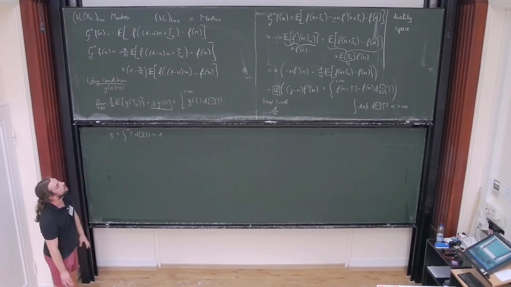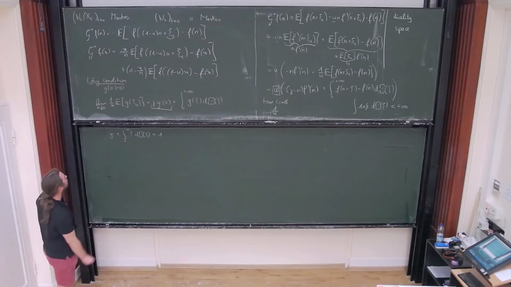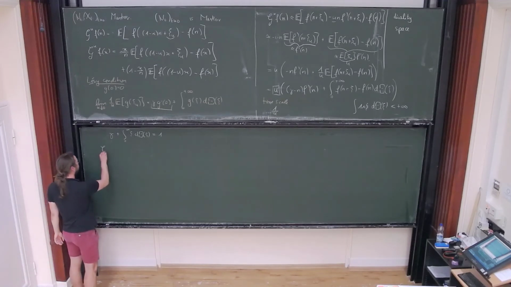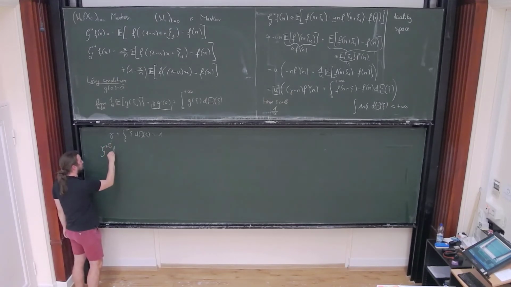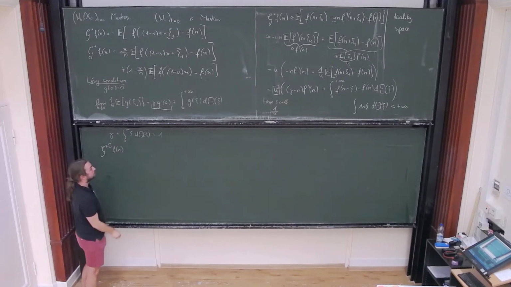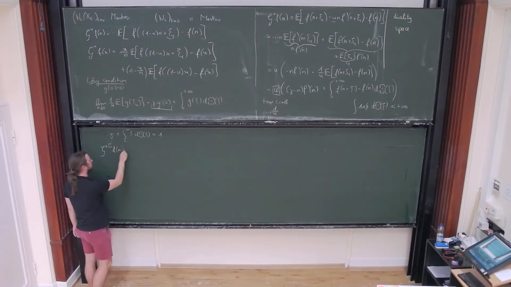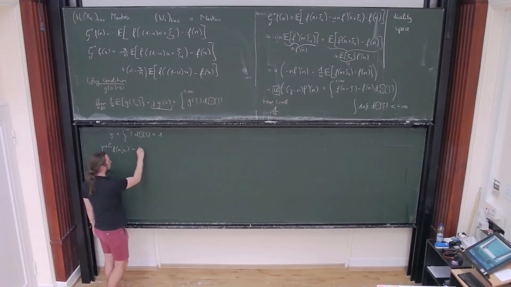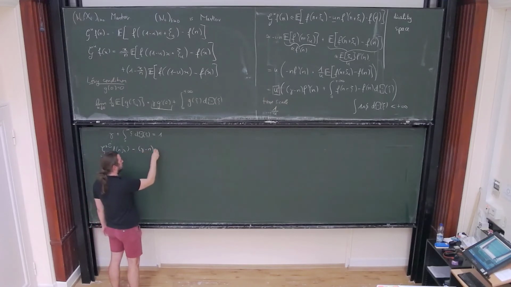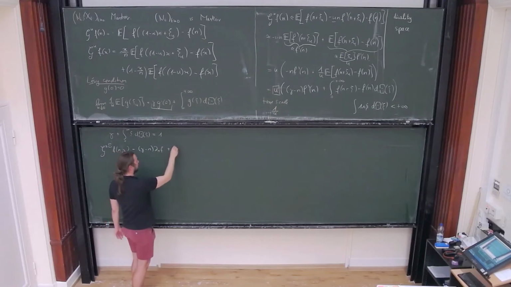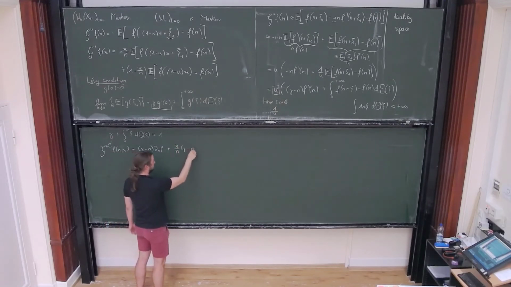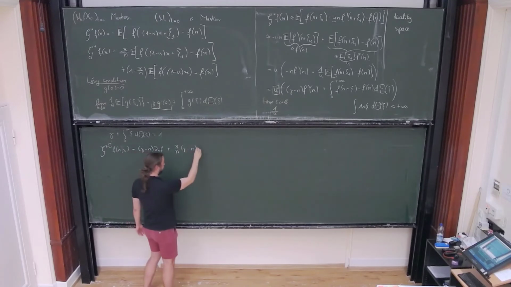I will not go into these details, so you can think of this as the expected jump size. Good. The generators. Let's just do it for n. We've got the exponential drift with gamma. Then we've got the same exponential drift, but only at rate x over n.